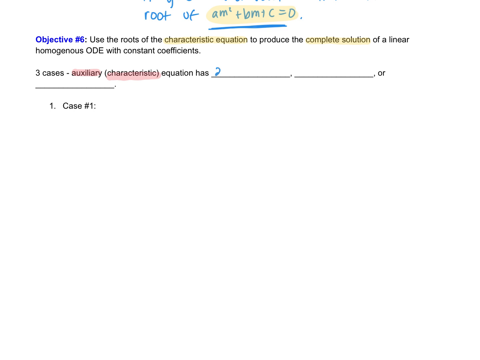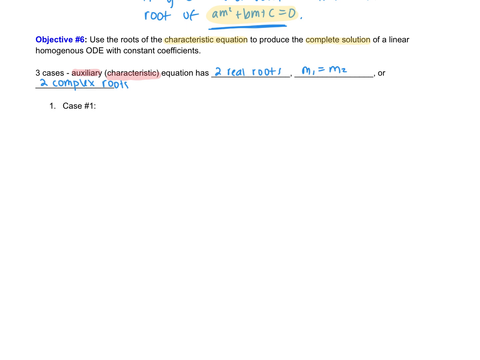The first case is that the quadratic has two real roots. The second case is one real root that happens twice, so root 1 and root 2 are the same. The last case is two complex roots. Each of these three cases is going to look different in terms of producing this complete solution, so we're going to look at all three cases separately.